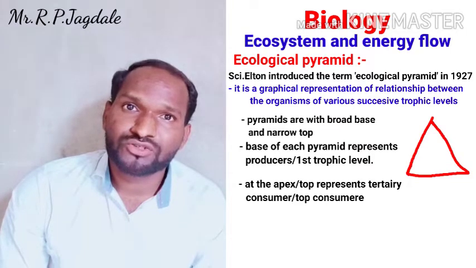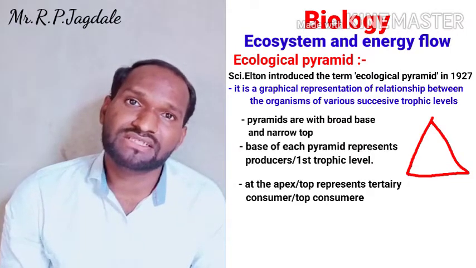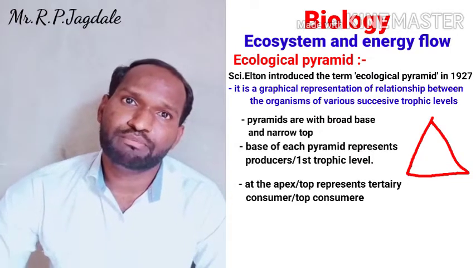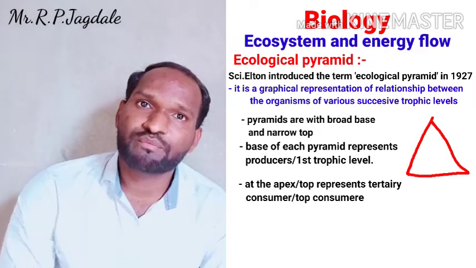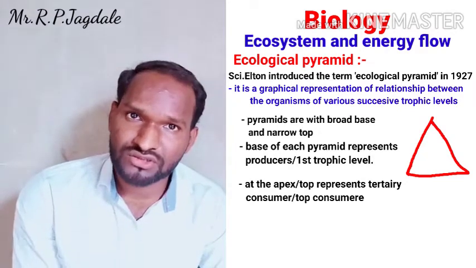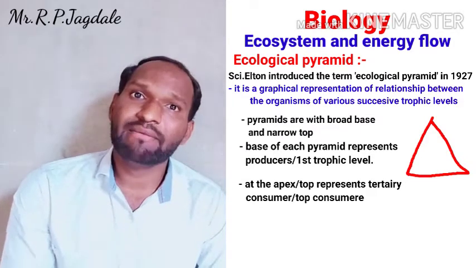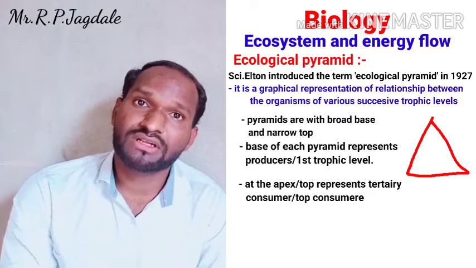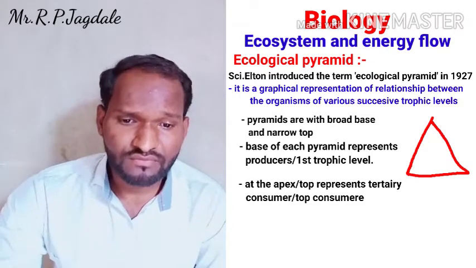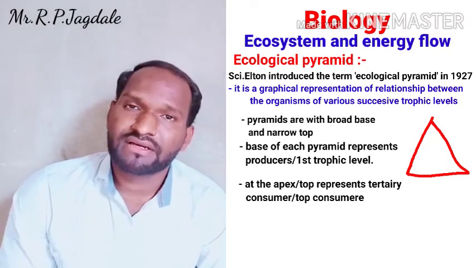So we can consider a pyramid-like structure where at the base there are producers, which are the first, and at the apex there are top carnivores. This is the general structure of an ecological pyramid.